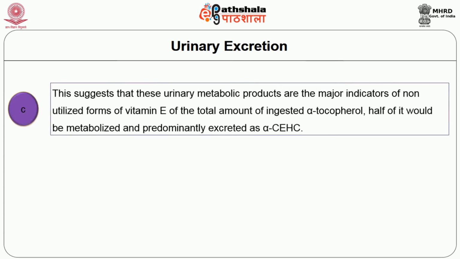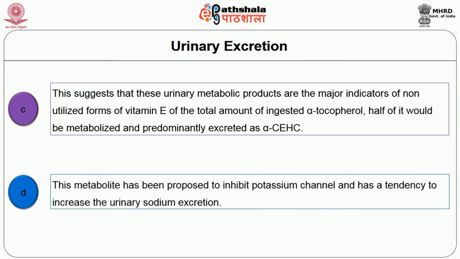This suggests that these urinary metabolic products are the major indicators of non-utilized forms of vitamin E. Of the total amount of ingested alpha tocopherol, half of it would be metabolized and predominantly excreted as alpha CEHC. This metabolite has been proposed to inhibit potassium channels and has a tendency to increase urinary sodium excretion.